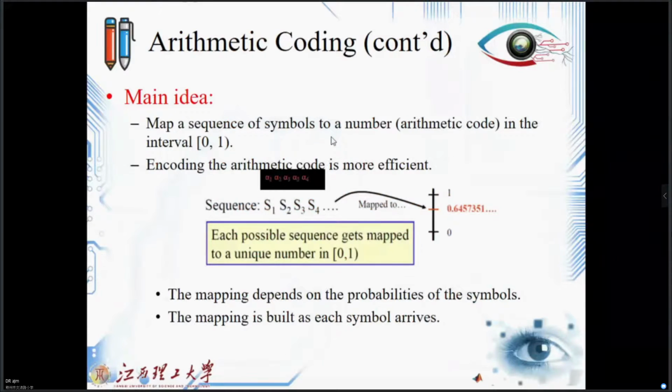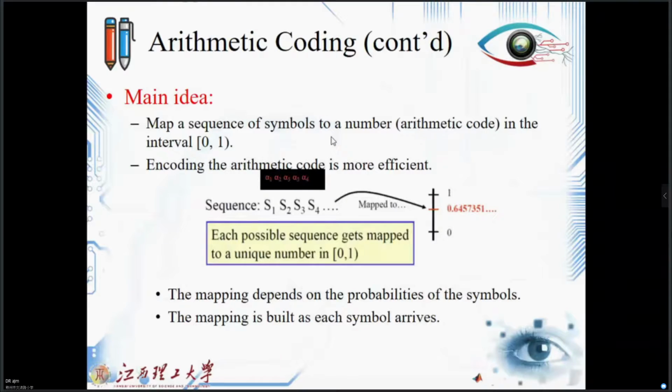Then how we should do this coding is like this. The main idea is that we should map a sequence of symbols to a number, the arithmetic code, in the interval of 0 and 1. Then encoding the arithmetic code is more efficient. We have some sequence of S1, S2, S3, S4, and so on, and we want to map them, or normalize them, between 0 and 1.